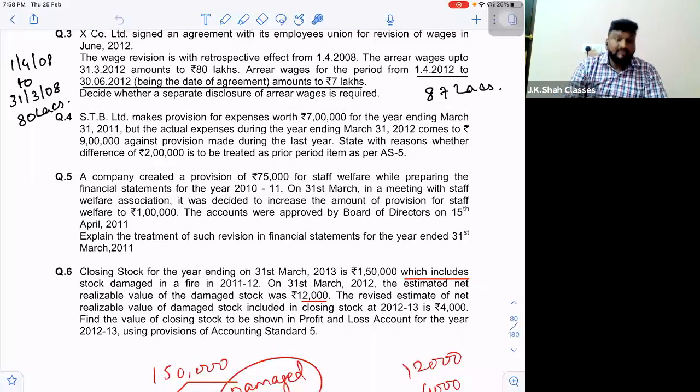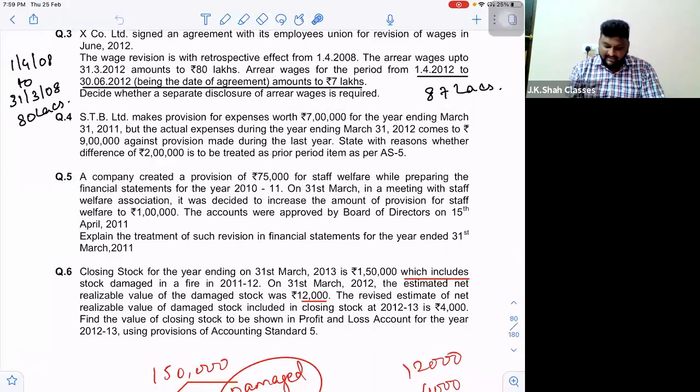Okay. Question number 4. STB Limited makes a provision for expenses worth 7 lakh rupees for the year ending 31st March 2011. But the actual expense during the year ending 31st March 2012 comes to 9 lakh rupees against the provision made during the last year. So can I say this question is similar to my garage example?